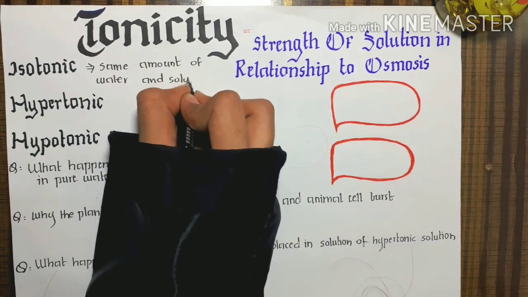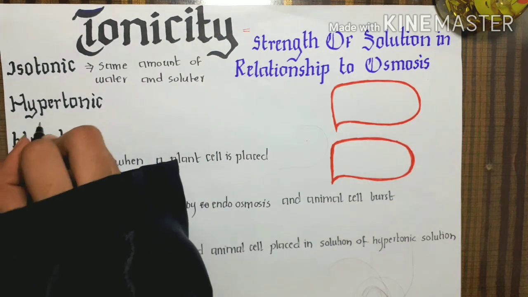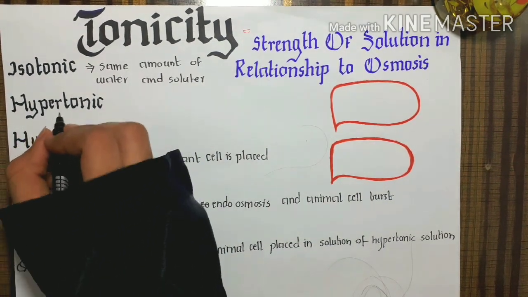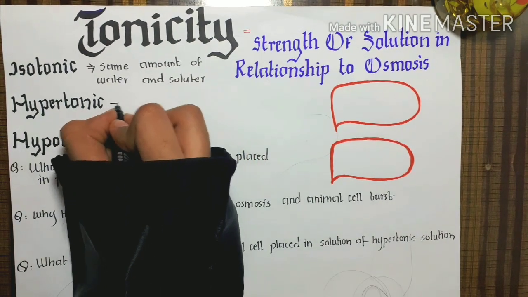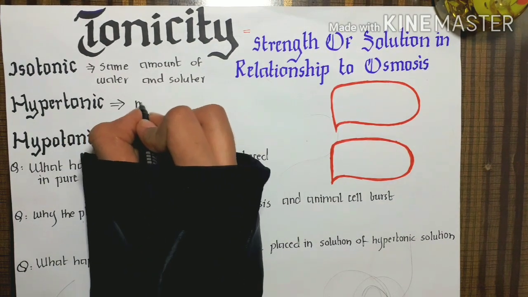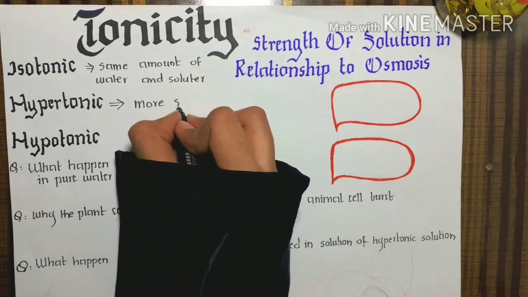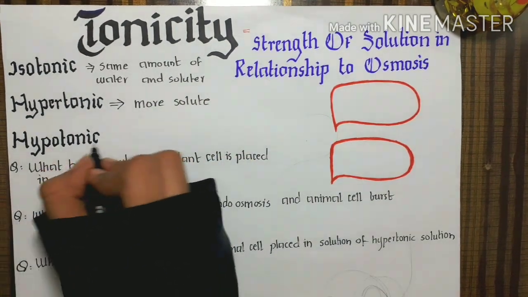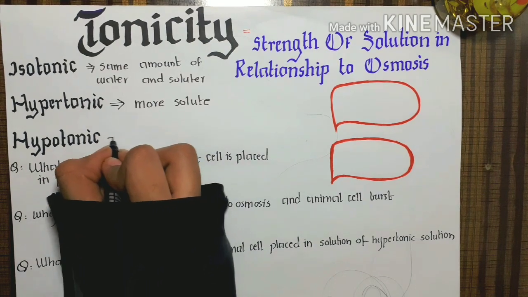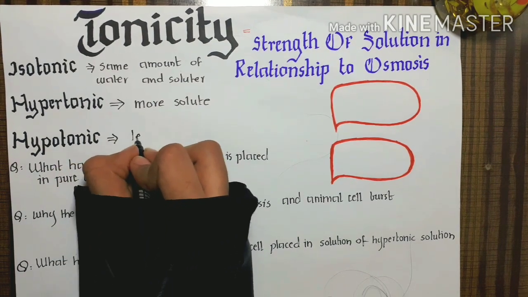What is hypertonic? Hyper means more. So what is more? It is the more concentration of solute. So we can write it as more solute. And what is hypotonic? Hypo means less. So lower solute or less solute.